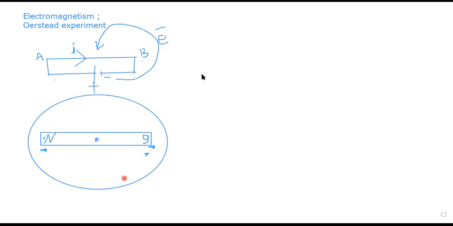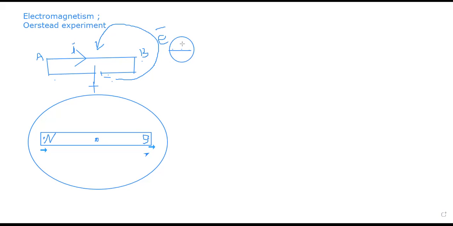And if you take a long conductor, and you give a charge to this one, remove electrons or give some excess of electrons, then it will have its electric field here like this. This is the electric field which is produced by the charged particles, the excess electrons.